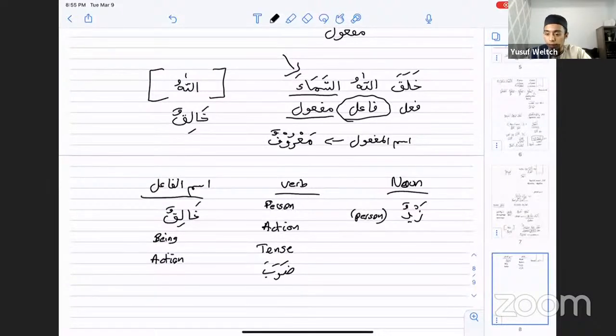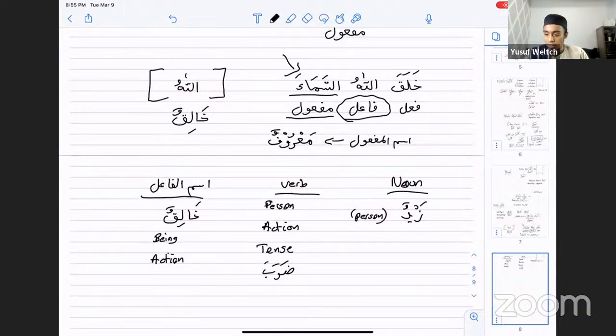So once again, it can get quite daunting if you don't stay ahead of the terminology. But take your time, write these things down on some flashcards. Test yourself. What is the ism fa'il? What is the maf'ul? Forget about the English translations. Just understand it in Arabic. It's actually better to not rely on English translations. So passive, active: ma'ruf, majhul is better to use than passive, active.